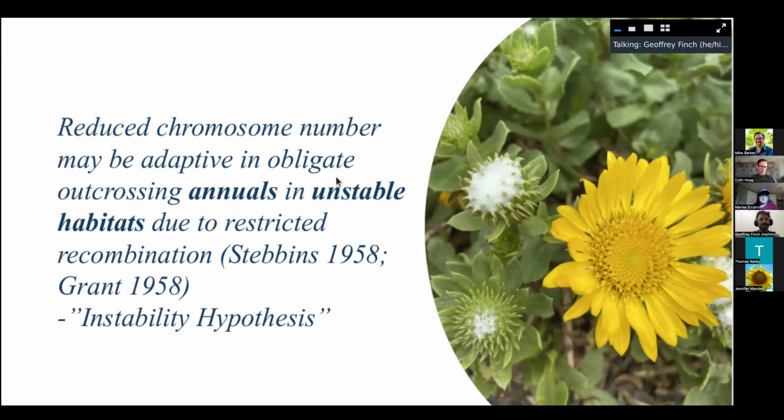Today I'm going to be exploring a potential deeper, ultimate driver of chromosome number reduction. I'm specifically looking at the hypothesis from Stebbins and Grant that low chromosome numbers may be adaptive in obligate outcrossing annuals in unstable habitats because of their effect of reducing rates of recombination.